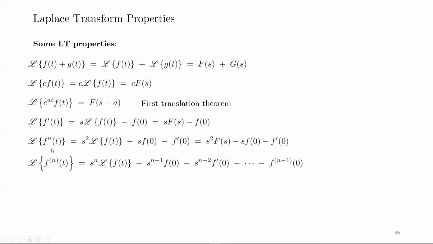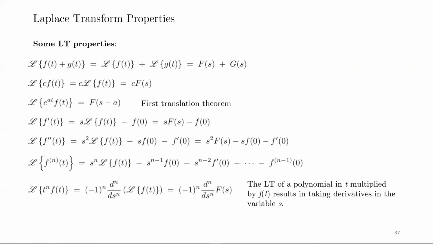One that I haven't shown you yet is, what if I have a function f of t, and instead of multiplying by an exponential, I multiply by a polynomial, t to the power of n, where n is an integer. It turns out that the Laplace transform is equal to -1 to the power of n multiplied by the nth derivative, with respect to the new variable s, of the Laplace transform of f of t.